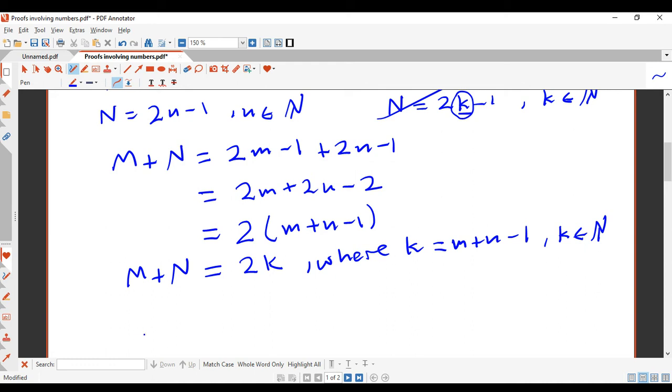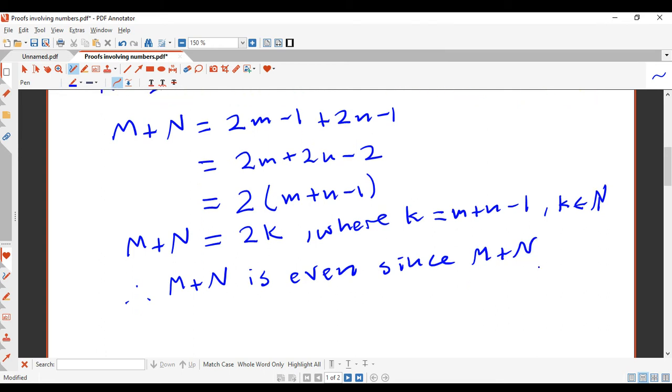Therefore, m plus n is even since m plus n is a multiple of 2, and all even numbers are a multiple of 2.